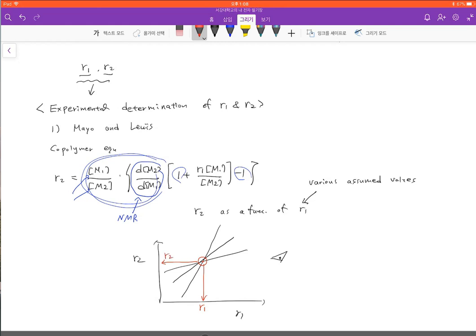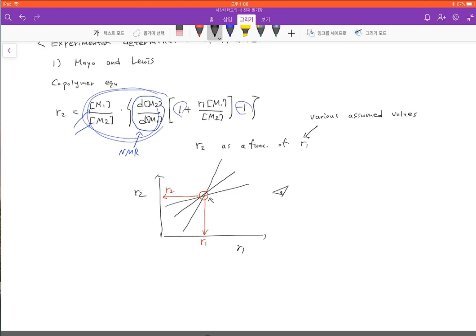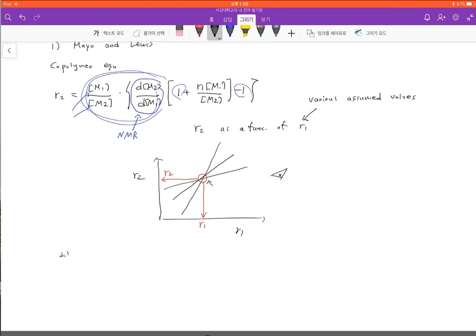The middle point from here will be the R1 and R2 values, which were experimentally determined. There could be some experimental error, right? But if this deviation is small, then we can determine or measure R1 and R2 with more accuracy.